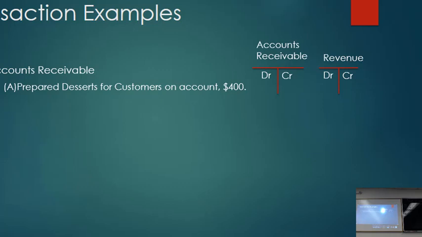Okay? So does this kind of make sense right here? Every time you see prepared desserts for customers on account, you would automatically know that since you prepared for a customer on account, you've done a service for somebody. So that's one account, that's revenue. The other account would be accounts receivable because you've done a service on account.